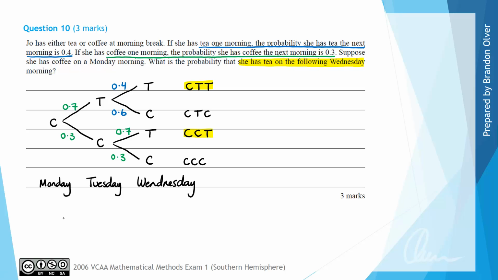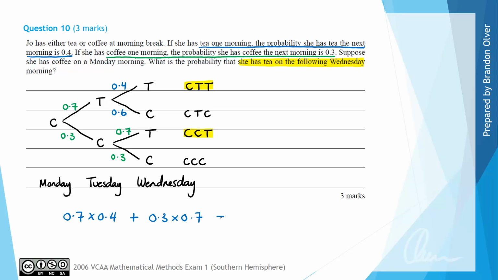And to calculate that probability, we simply multiply along the branches and add between the branches. So coffee, tea, tea is going to be 0.7 times 0.4, and then we add on the branch that is coffee, coffee, tea, which is 0.3 times 0.7.